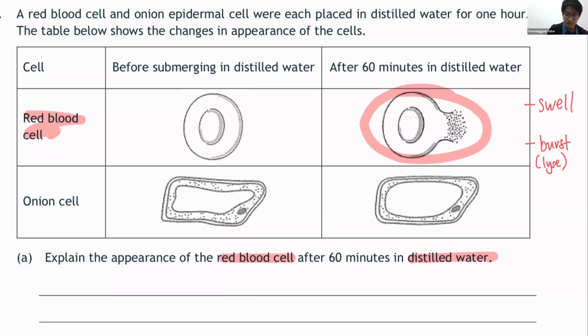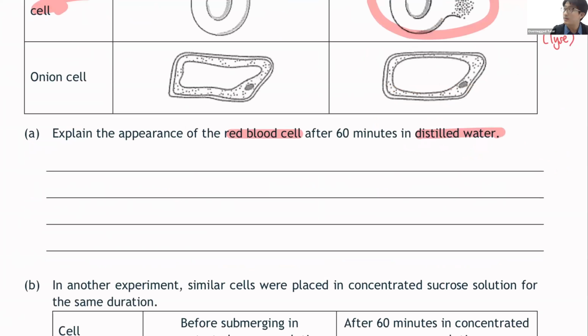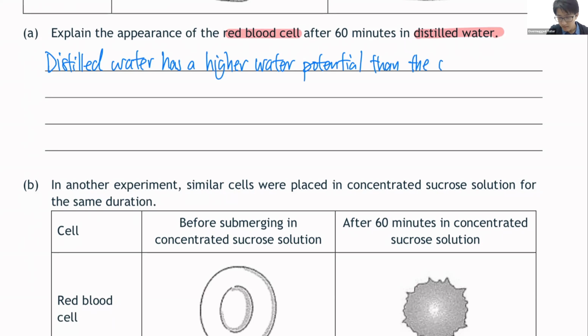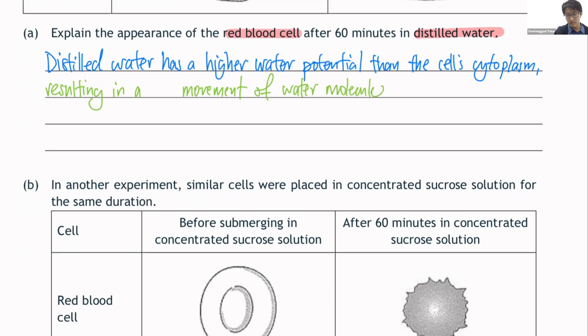So let's write it down together. Distilled water. We start with distilled water. We put it higher so that our friends at the back can see better. Fill in the blank for me, please.